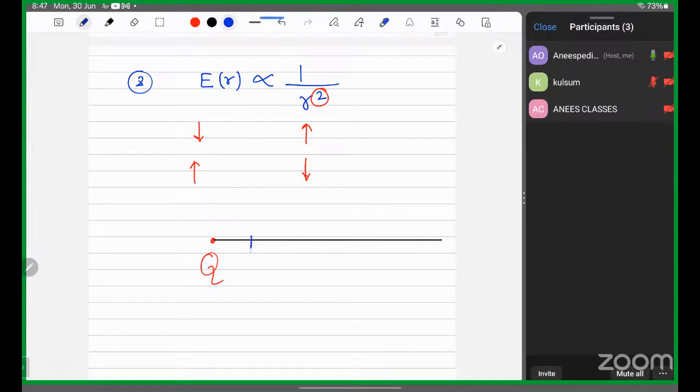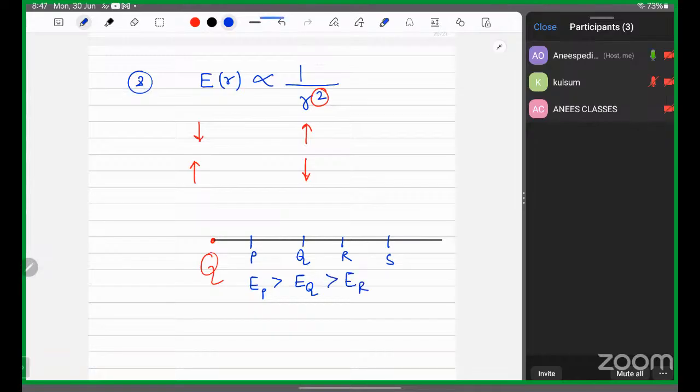Let's say this is point P, this is point Q, this is point R, this is point S, and so on. The electric field at point P will be greater than the electric field at point Q, and that will be greater than ER.